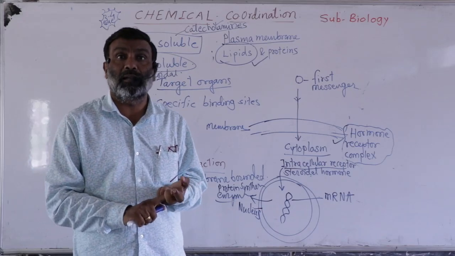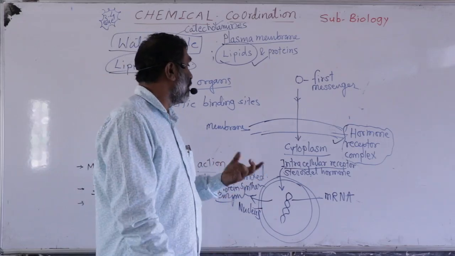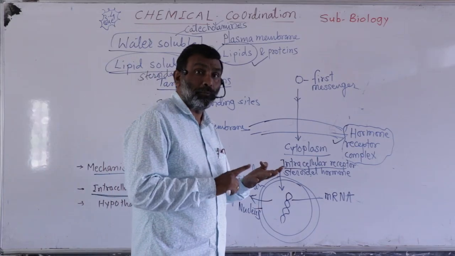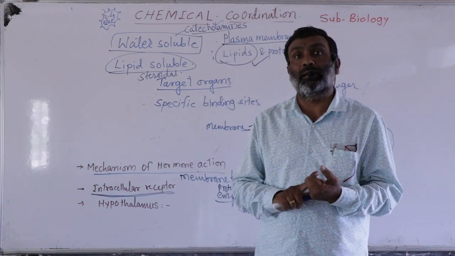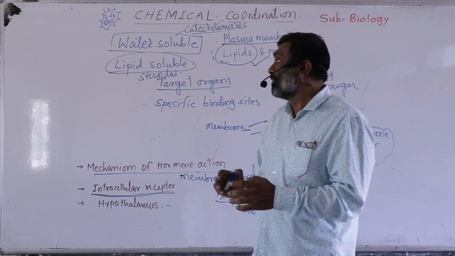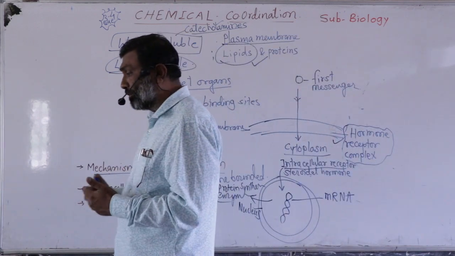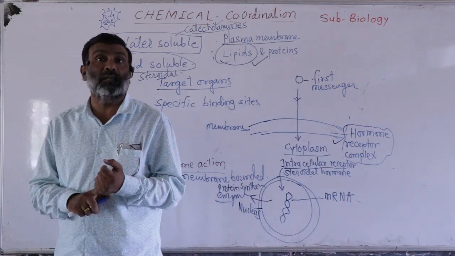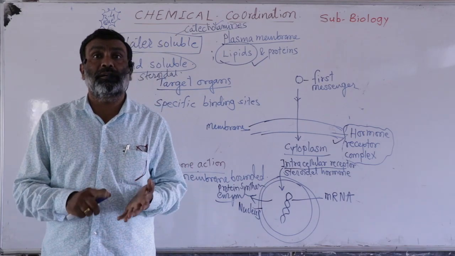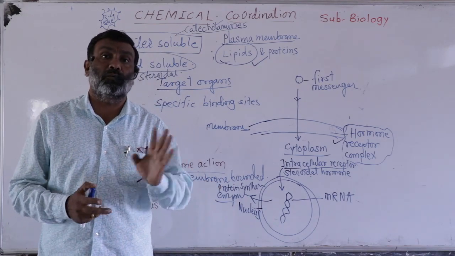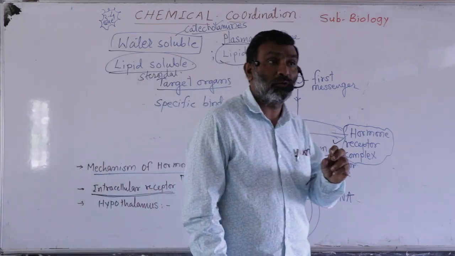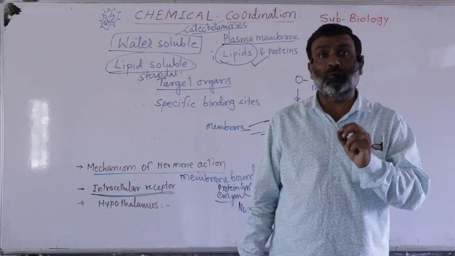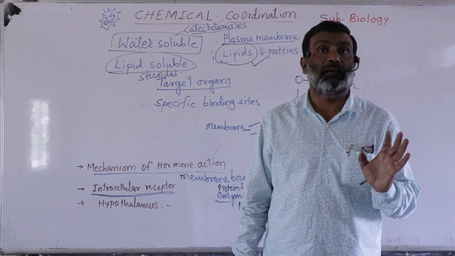Then three types of glands: the apocrine gland, merocrine gland, and holocrine gland. Then the types of hormones, like autocrines, paracrines, endocrines, and pheromones. Then two types of hormones: antagonistic hormone and synergistic hormone.